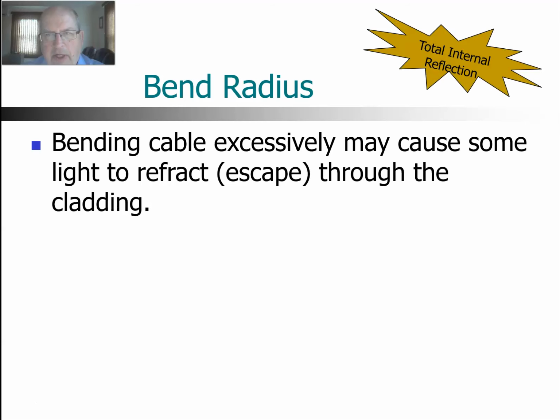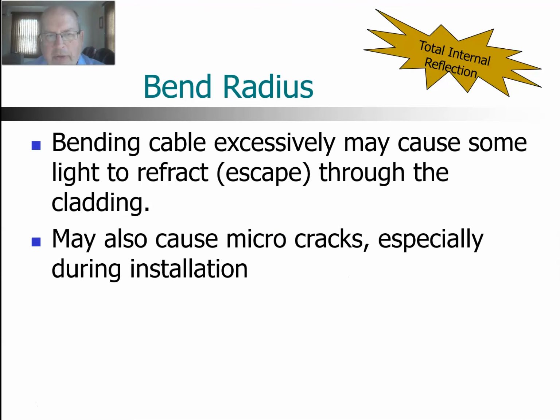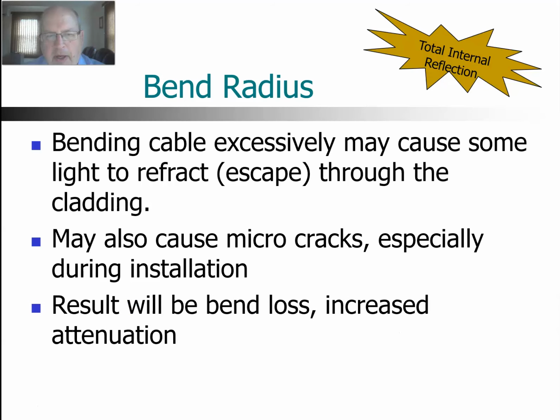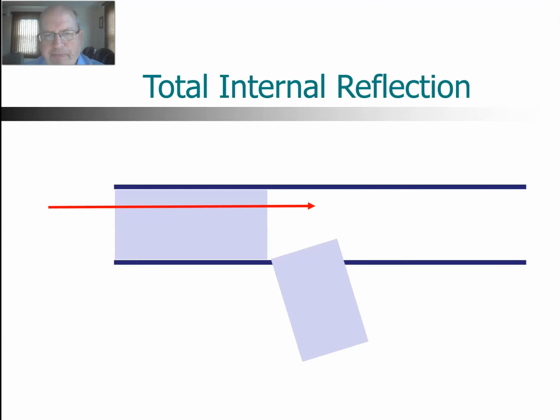So you've got to really be careful of that bend radius to maintain that total internal reflection. Another issue is that if you bend it too sharply, you can cause micro cracks, and these micro cracks, of course, will interfere with the propagation of light. So you've got to watch for what's called bend loss, and therefore the attenuation of the light, because it is not being reflected properly. You don't have that total internal reflection.